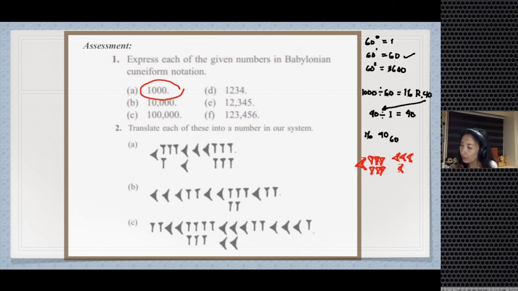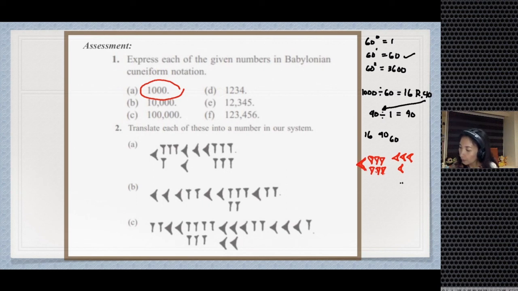Now you can verify. If you're not sure, you can multiply by the powers of 60 because it employs base 60. Now this one is 40. This is supposed to be 6 and this is 1 horizontal wedge.